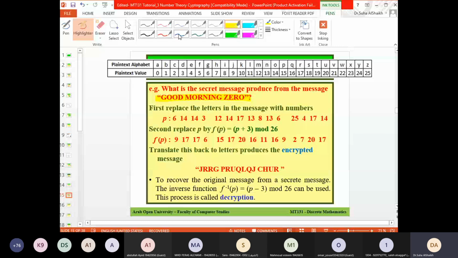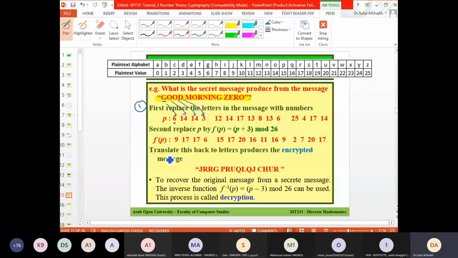First step, we replace each letter with a number. G, for example, is what number? It is 6. O is what number? 14. The other O, 14. The D is 3.